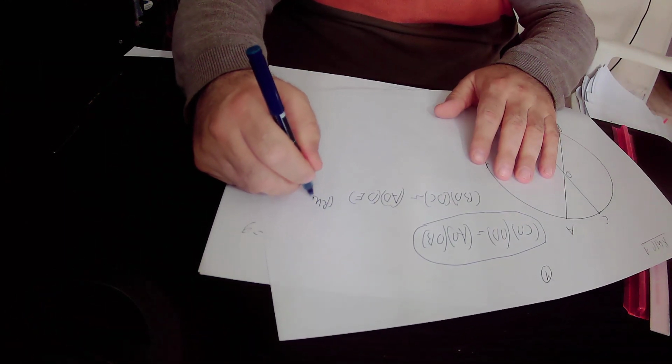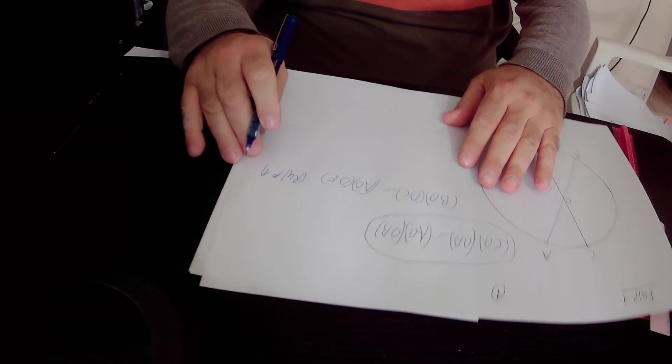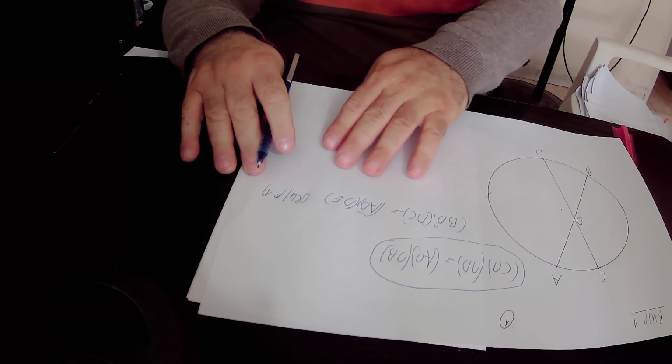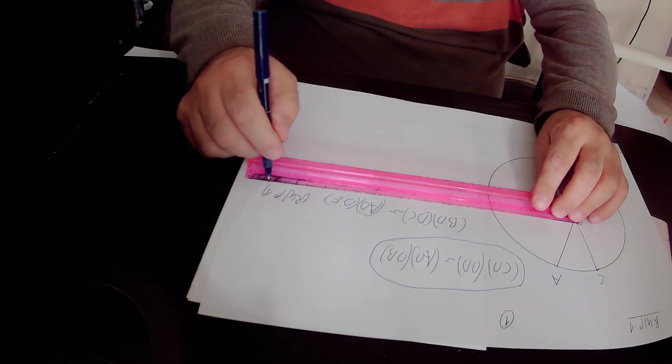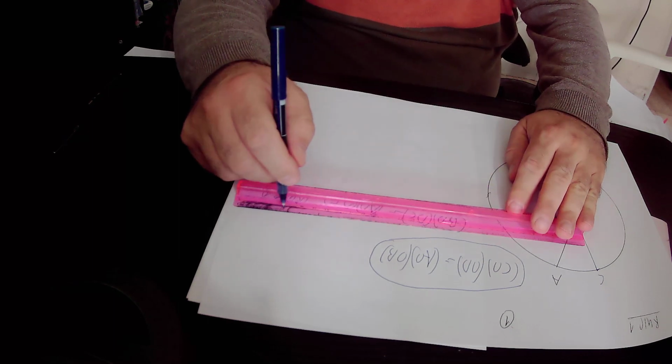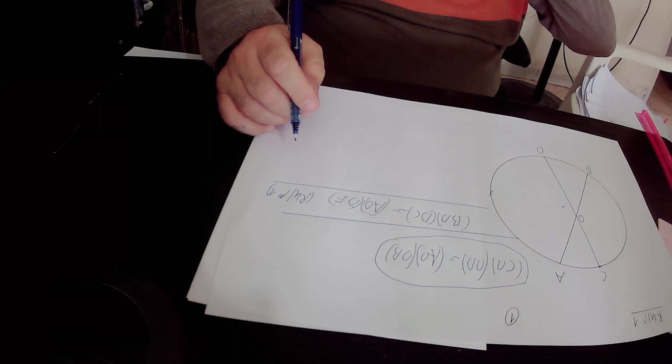I'll repeat again: BD times DC equals AD times DE, according to rule number 1, of course.